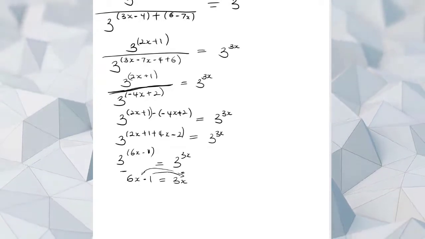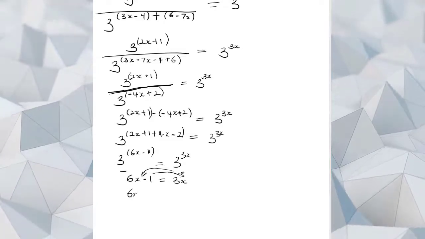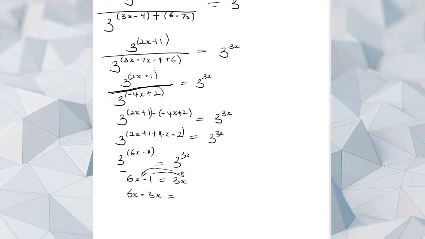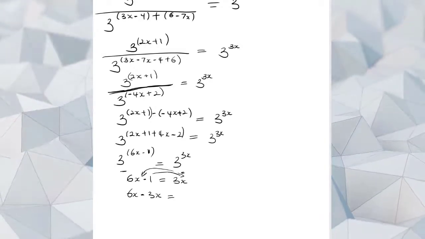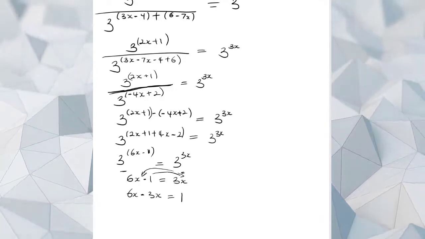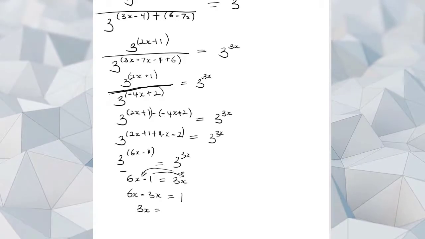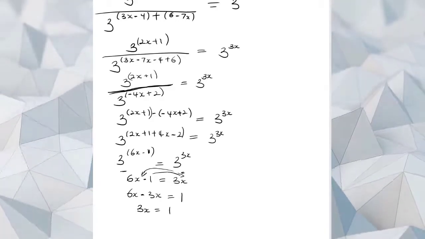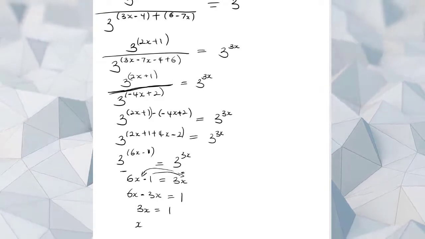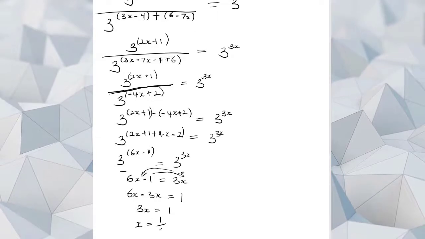When 3x crosses over, the sign becomes negative. So I have 6x minus 3x is equal to, when minus 1 crosses over, it becomes plus 1. Therefore, 6x minus 3x will be equal to 3x is equal to 1. If we divide both sides by 3, we would have that x is equal to 1 over 3.